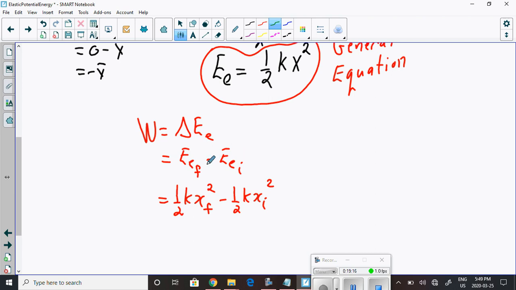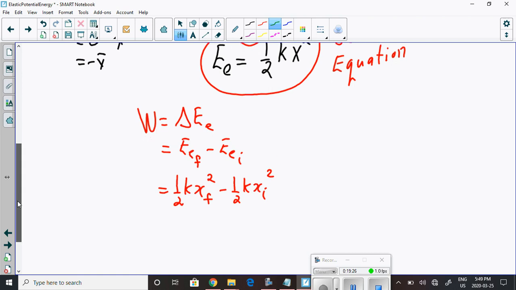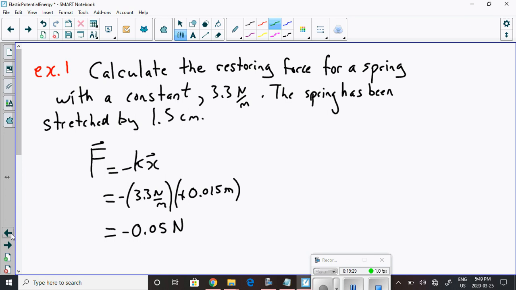I now have an equation for these: half k x final squared minus half k x initial squared. And we have a new member of the family, elastic potential energy. It's a new energy we haven't talked about before.